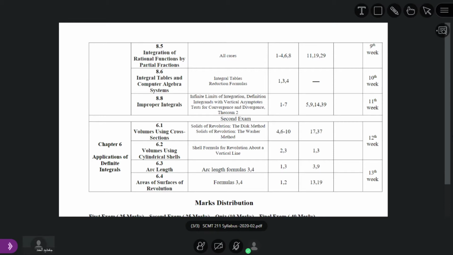I am the coordinator for this subject, so I shall make the exam for all the sections, but I shall discuss with all the colleagues how many quizzes and how many homeworks there should be for this subject. In the next week I shall provide you all the details: how many homeworks, how many quizzes, and how many exams. All these things will be in this semester.